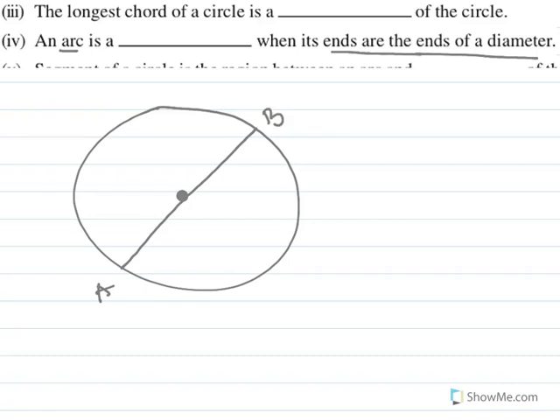Now we are drawing an arc whose ends are on the diameter, which means one end is here and the other one is here. What kind of arc is this? You will definitely agree it is a semicircle. So an arc, when its ends are on the ends of the diameter, will be a semicircle.